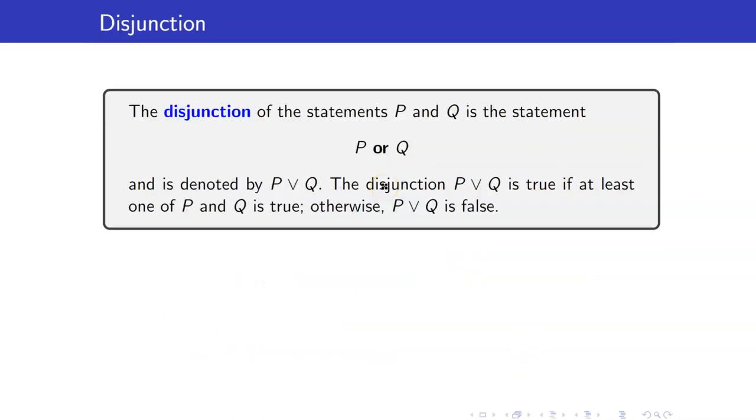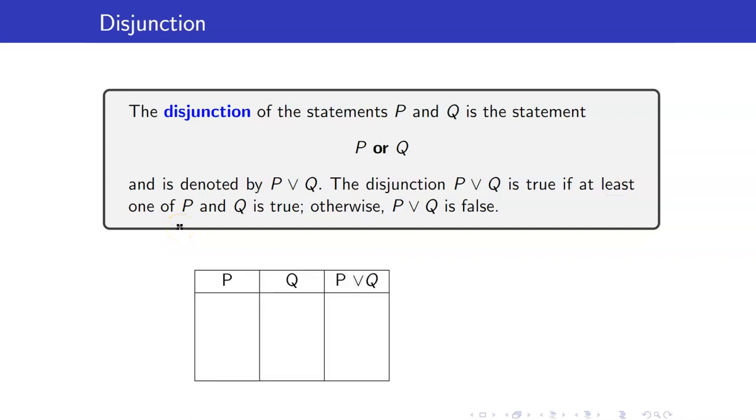Next, let's go to disjunctions. The disjunction of the statements P and Q is the statement P or Q, and we denote it by this symbol. The disjunction P or Q is true if at least, take note, you only need one of them to be true. Recall that at least means you can have more than one. So therefore, how will the truth table look like?